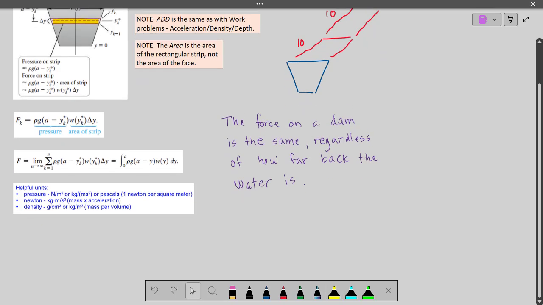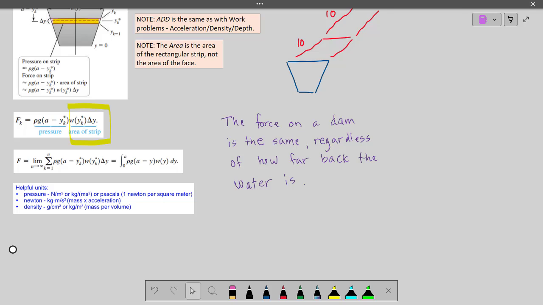So when we come down here, what we are going to see is this piece right there. There is the area of the strip. The area of the strip is the width of the strip multiplied by, before we do the limit of the Riemann sum, we call it delta y. Once we take the limit of the Riemann sum, the delta y becomes a dy. So there's the area of the strip. And then pressure is going to be the ADD, acceleration density depth. That will give us pressure. And again, units are right there.